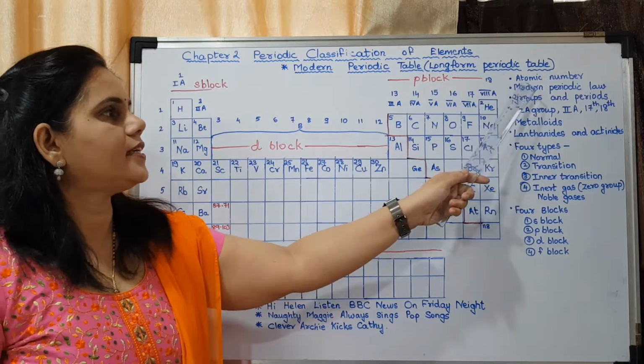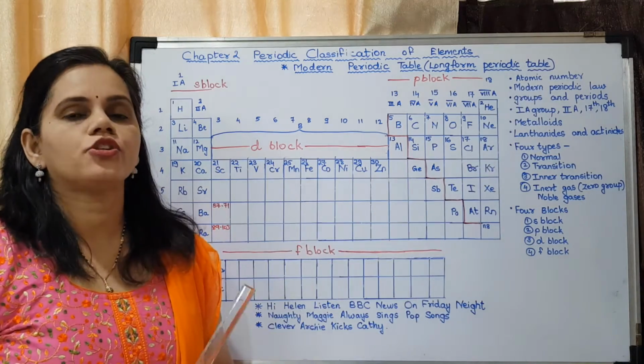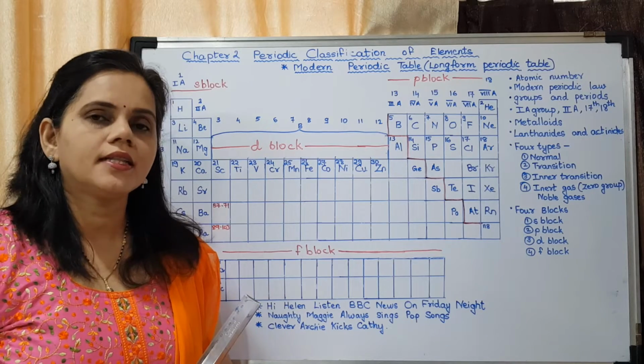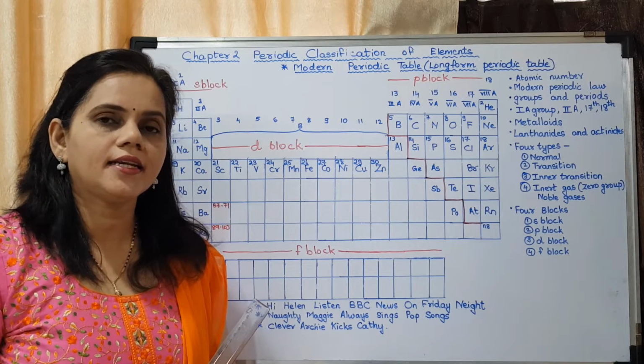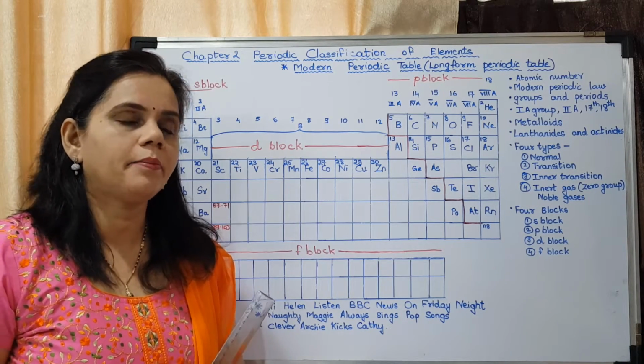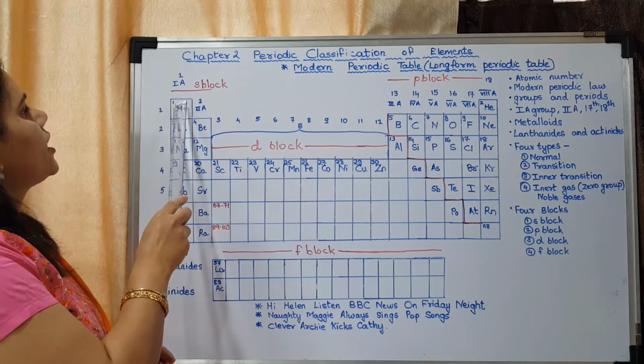The first point is atomic number. In a modern periodic table, the elements are arranged in the increasing order of atomic number. You may see the numbers which I have written here.